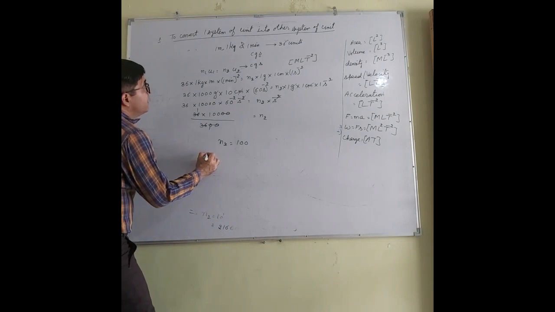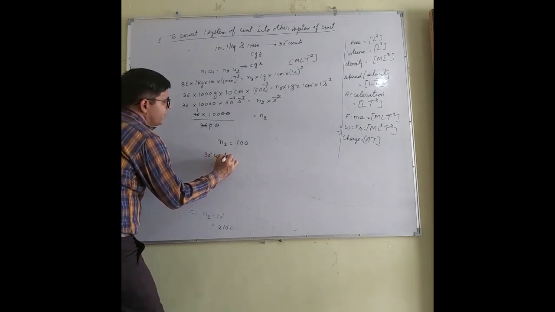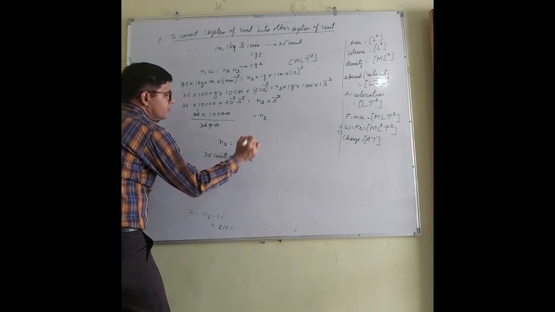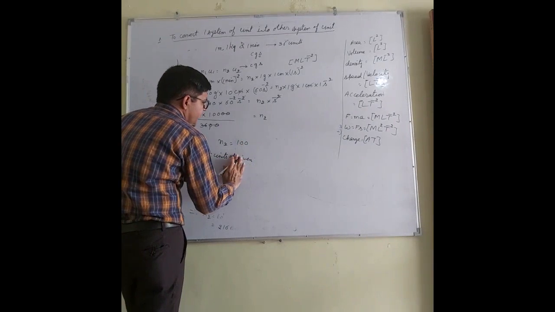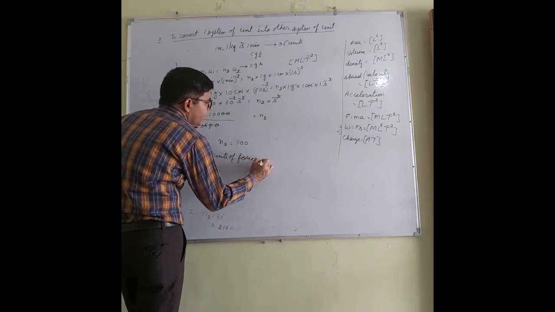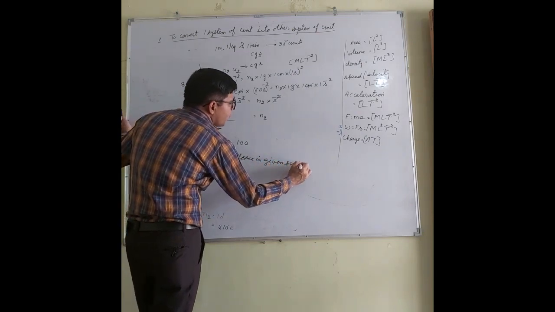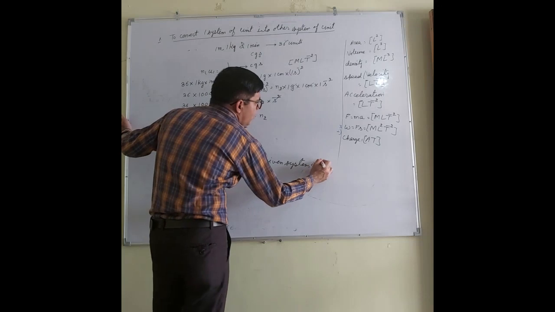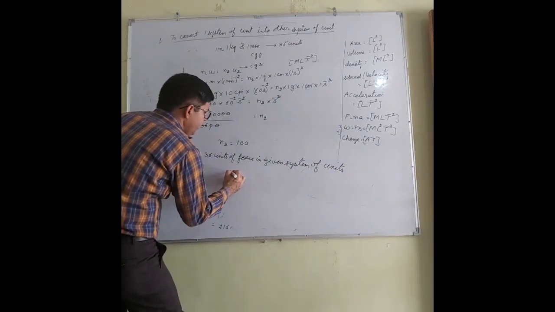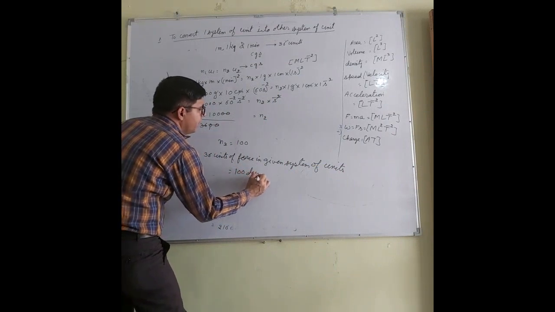So I can say that 36 units of force in the given system of unit equals 100 dyne.